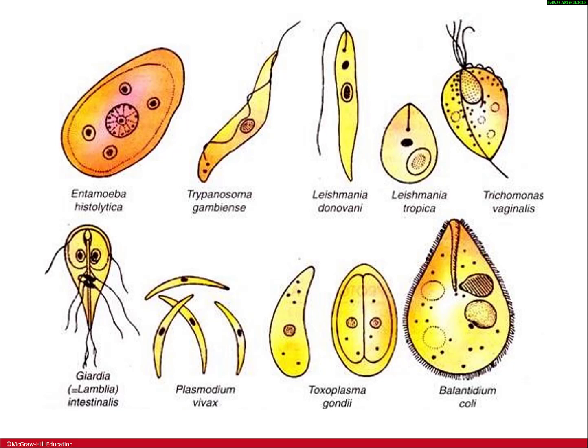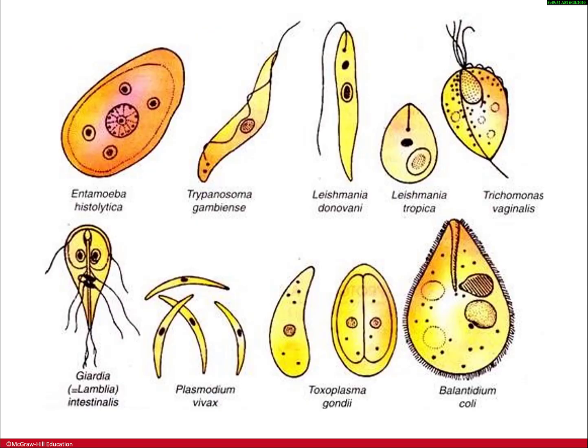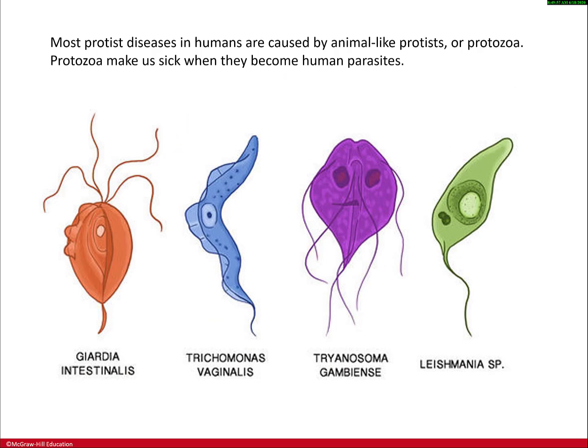These are all different types of protozoa, and they have rather intricate stages, cyst stages, and the like. But this is how I'm going to show you how I remember these, and they're sort of like little caricatures.